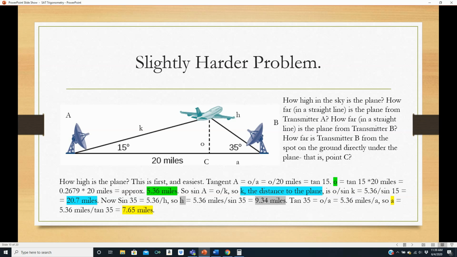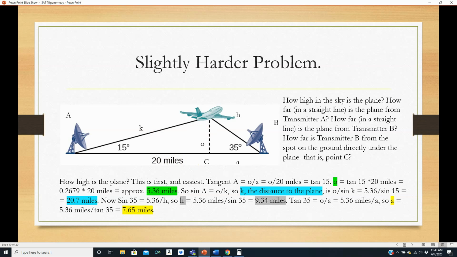So how high is the plane? Well, this is the first and the easiest. Tangent of A is going to be the opposite over the adjacent. We already know the adjacent because they gave it to us. It's 20 miles. So tangent of 15 is going to be equal to O over 20 miles.